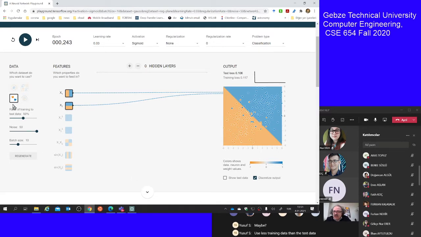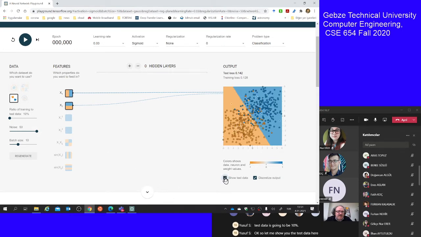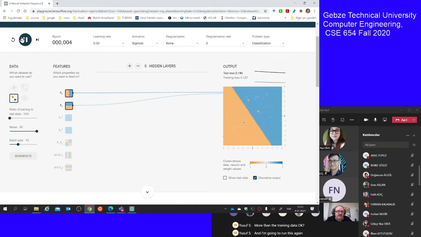So I am going to change the ratio of training to test data to 10%. Let me show you the test data here. Test data is a lot more than the training data. I'm going to run this again, and as you see, the test loss is greater than the training loss.